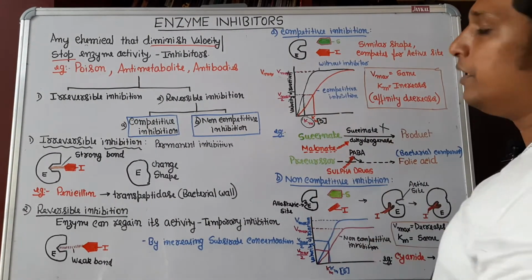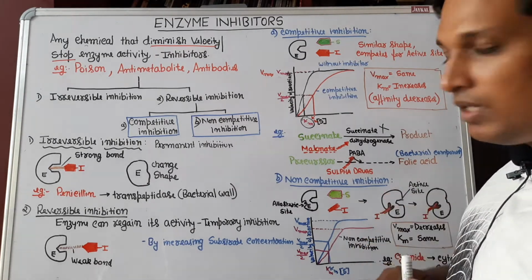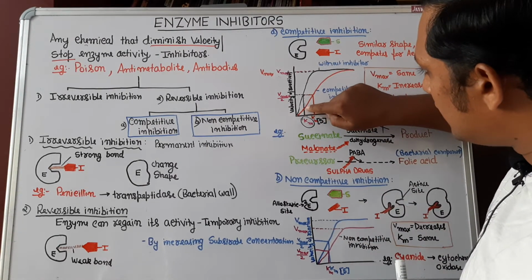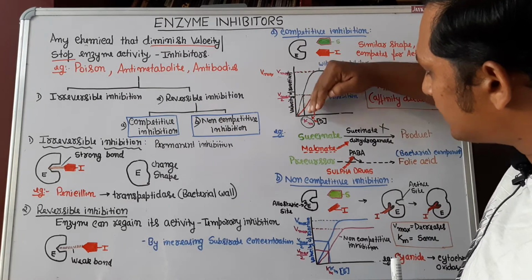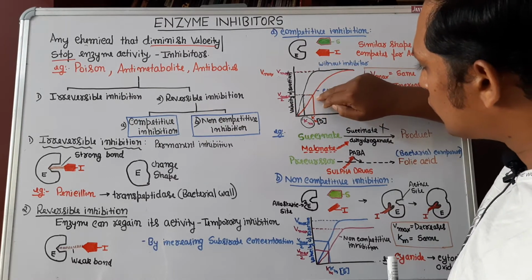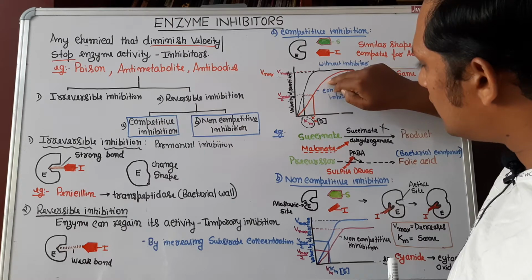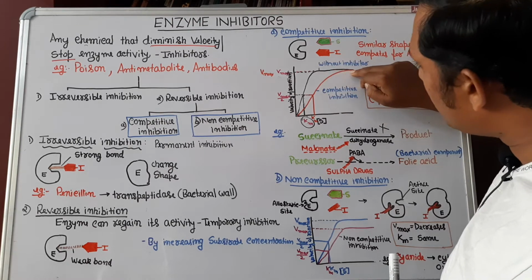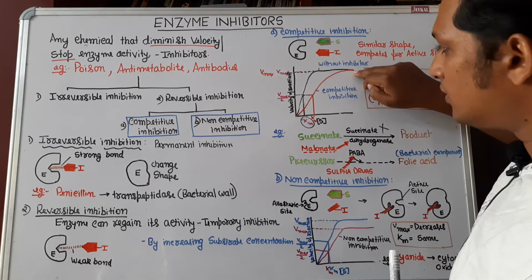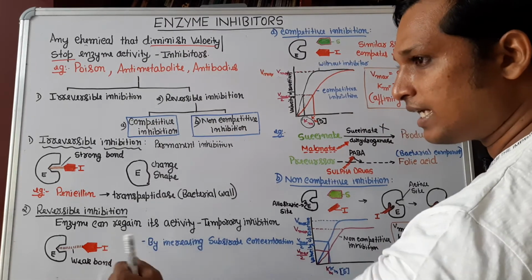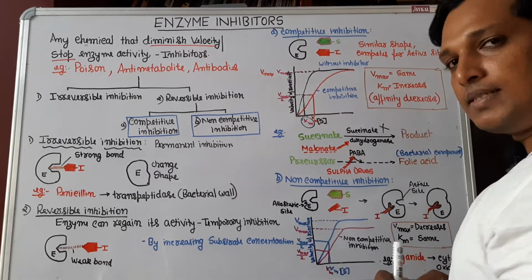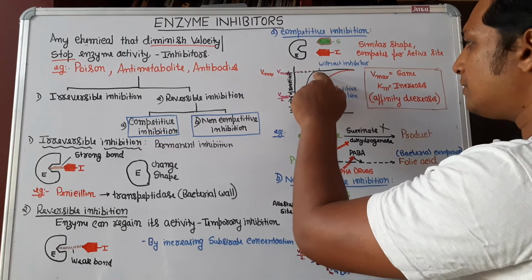In competitive inhibition, because of the presence of the inhibitor, the velocity of the reaction will be slower, velocity is less, therefore the graph has come down. Slowly the reaction will occur. It will reach Vmax somehow, because as you increase substrate concentration, inhibitor action can be prevented. Somehow Vmax is reached, but not at the same substrate concentration.